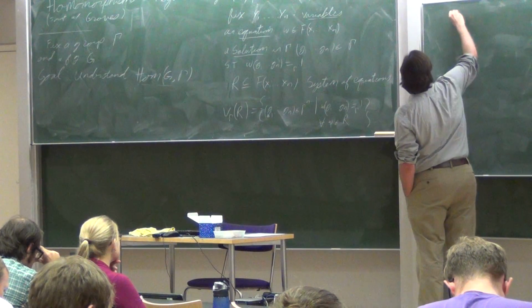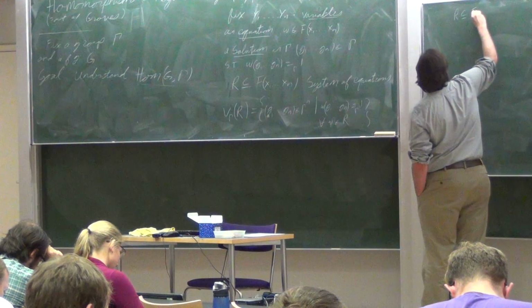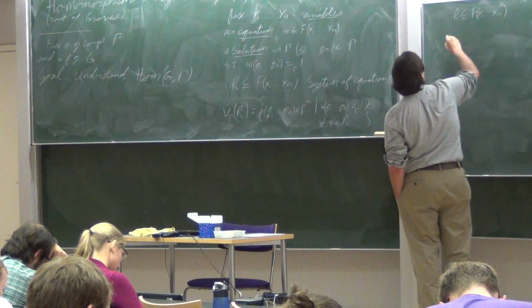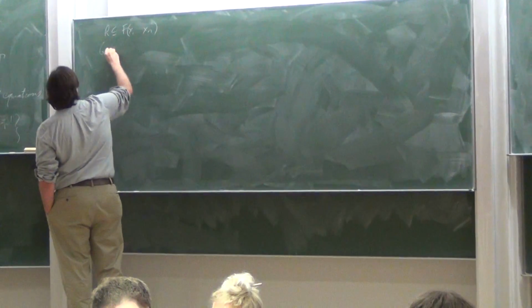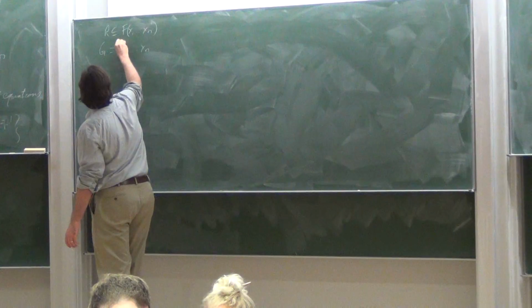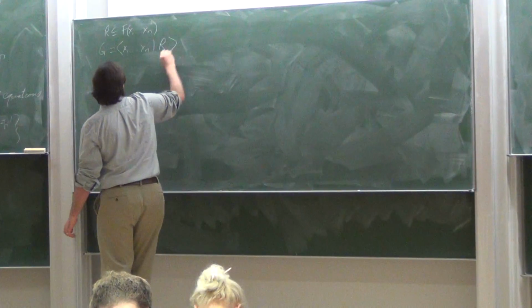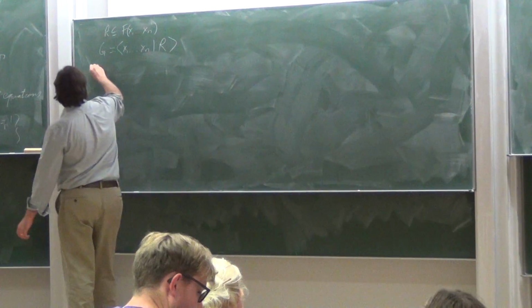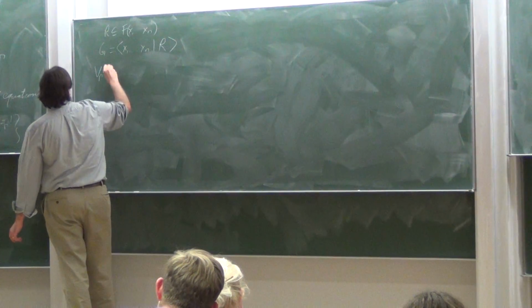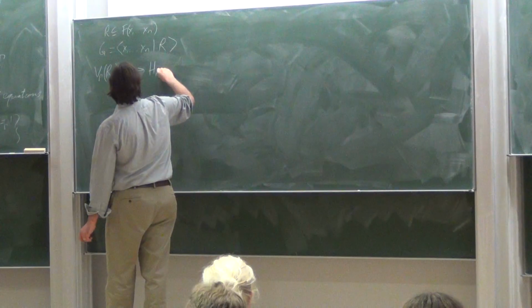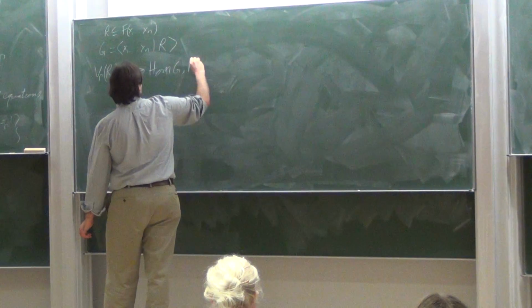If I have R, some system of equations, then I can take the group G, as given by the presentation corresponding to the system of equations, and then there's the natural correspondence between solutions to this system and homomorphisms from G to gamma.